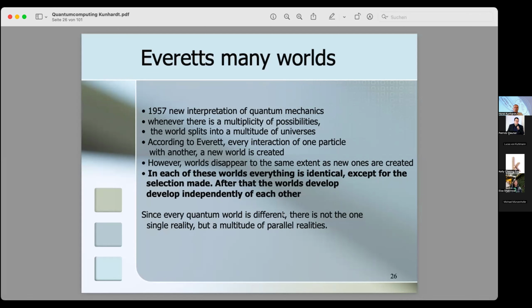So in a quantum decision, the world, as Everett says, splits into a multitude of universes, so multi-universe in his scientific work, and every action of one particle with another creates a new world. So in each of these worlds, everything is identical except the selection made. And after that, the worlds develop in different directions.